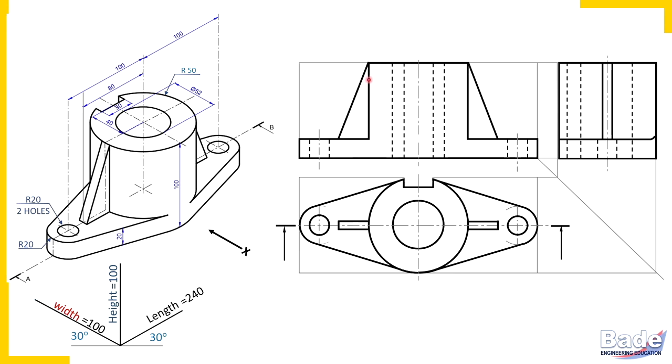So should we erase this line? No. Now why not? Try to understand. But before that, watch this line also. Is it the boundary between the triangular plate and the base plate? Yes. Tell me whether we should erase this line? No. Now try to understand again.